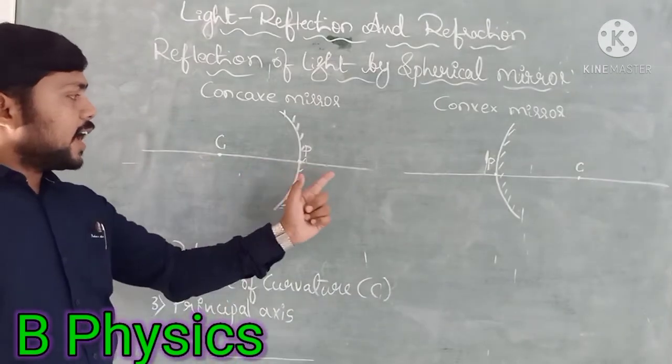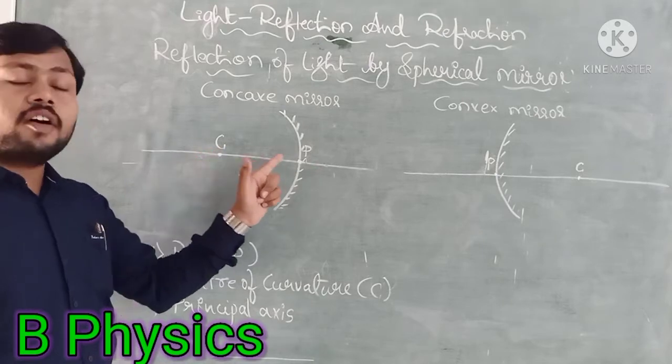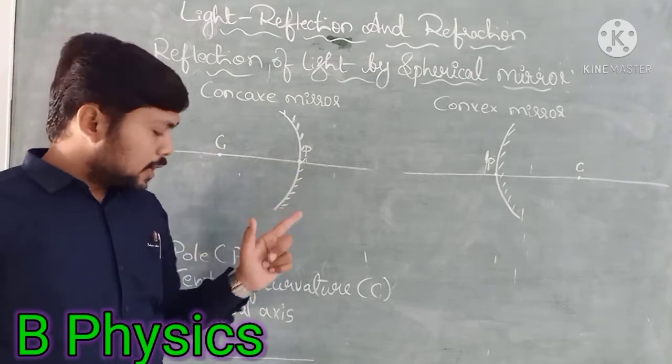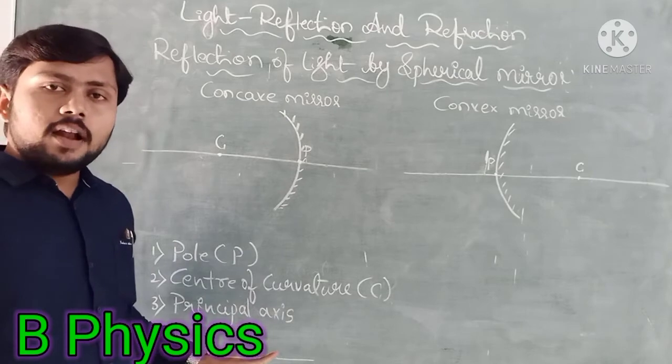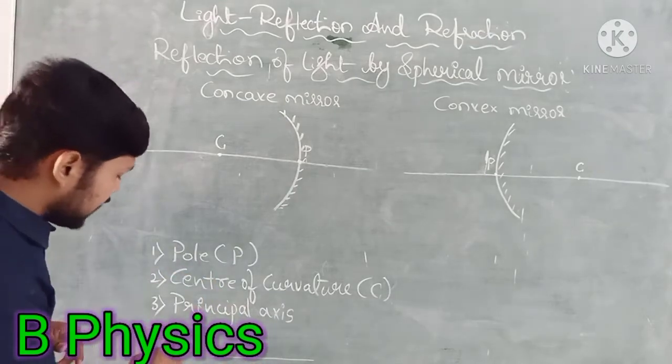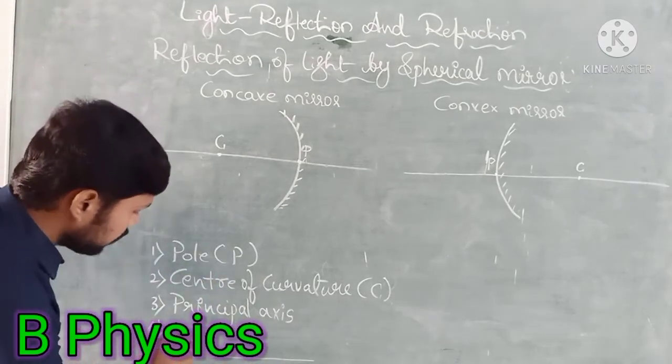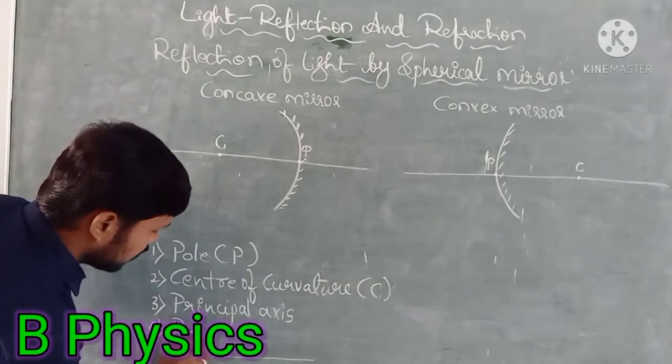A straight line which passes through center of curvature and pole of the mirror is called principal axis. And the next term is radius of curvature.